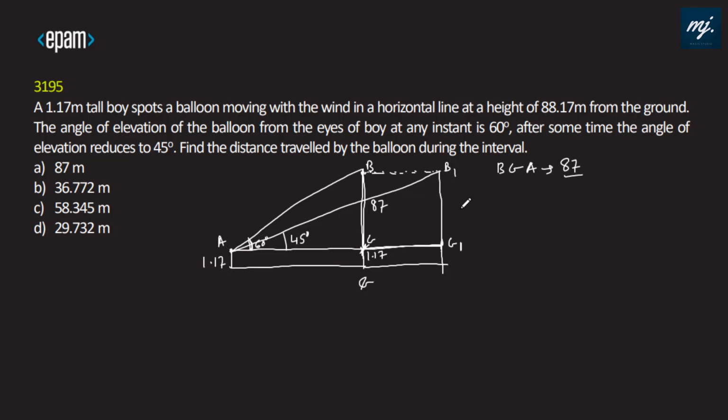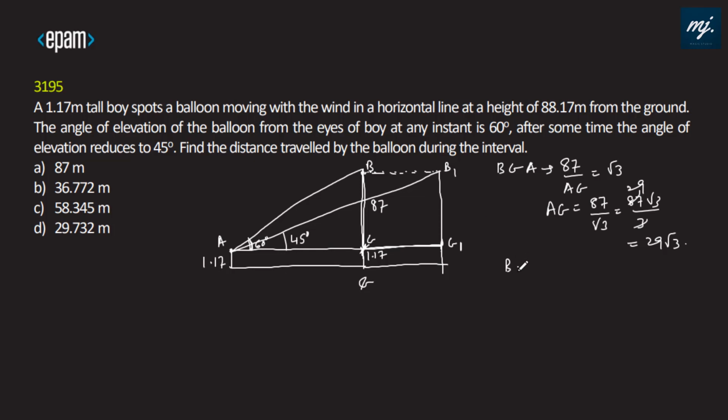So 87 by AG is tan 60 degree, that is root 3. That means AG equals 87 by root 3, or 87 root 3 by 3, that would be 29 root 3.